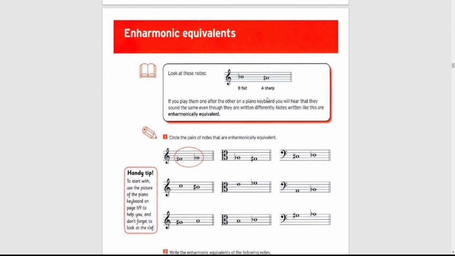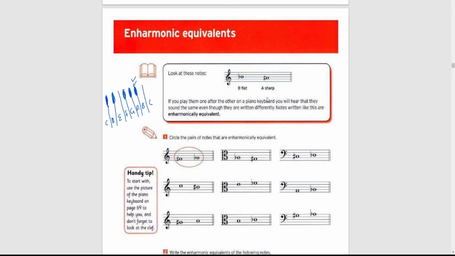If you make a small keyboard here, I'll make it for all of you. So you see here, C, D, E, F, G, A, B, and C. Okay, so if you see this B flat and A sharp, this black key is our B flat, and this is also A sharp.